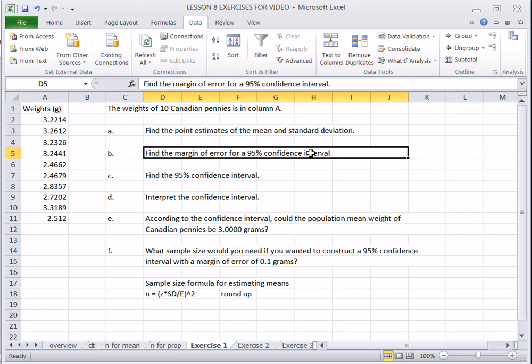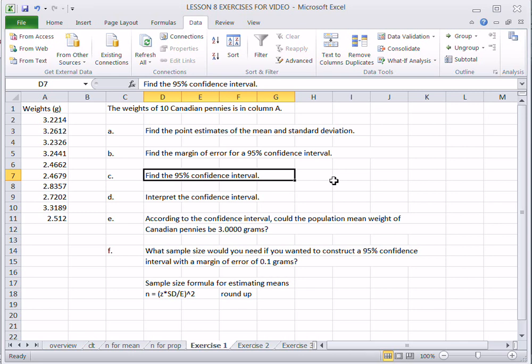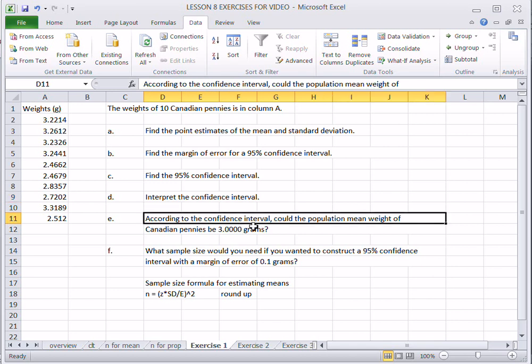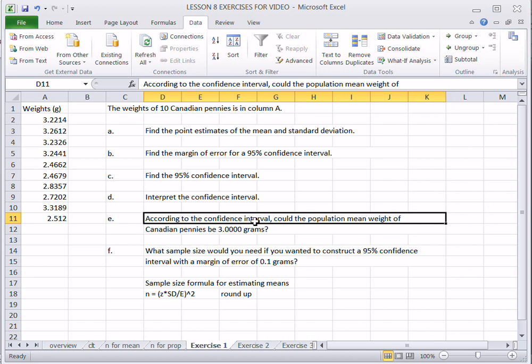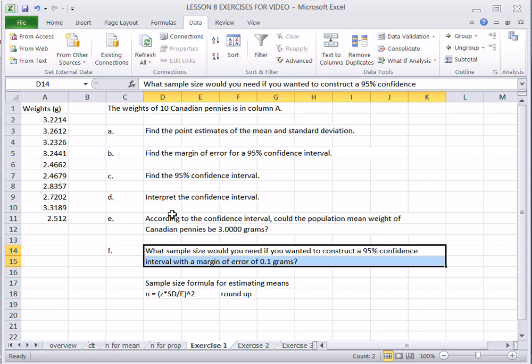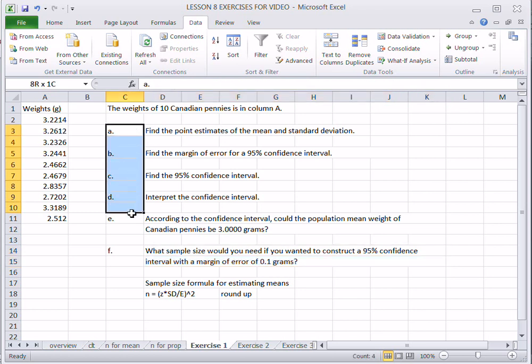Then we're going to find the margin of error and use it to find the confidence interval and interpret the confidence interval. Then we can use that to answer a question or assertion about the weights of pennies. We can even discuss some sample size questions later on, but it's these first parts, A, B, C, D, E, that we're most interested in when it comes to estimating the mean.